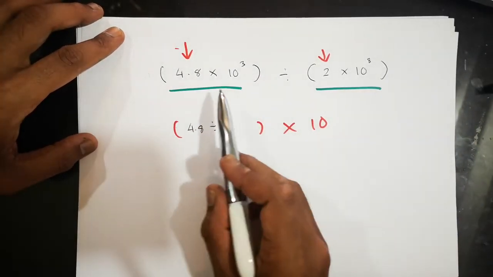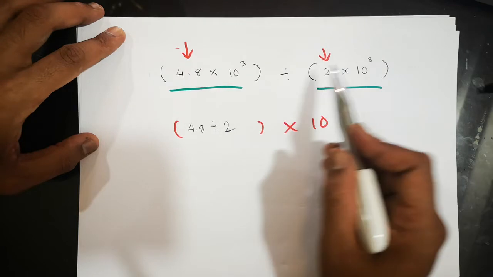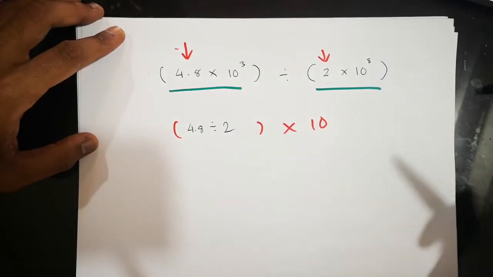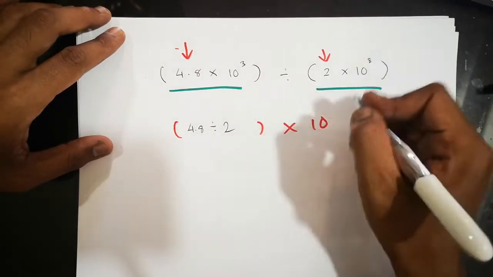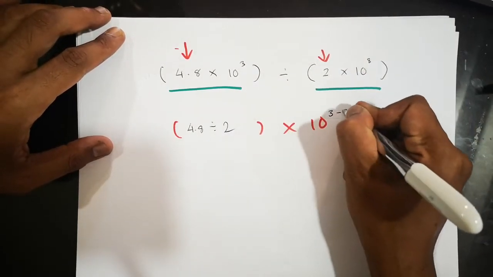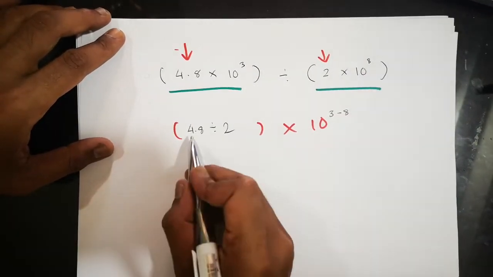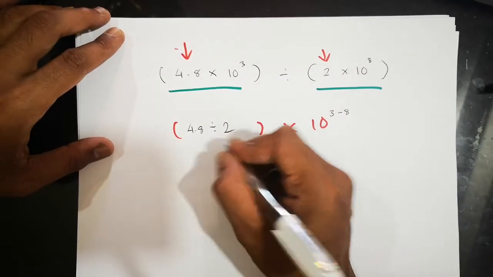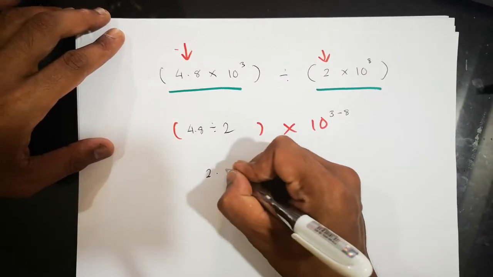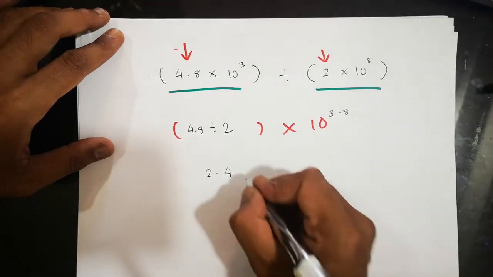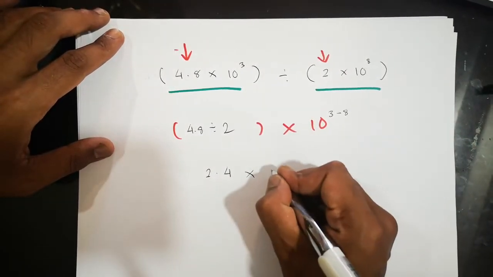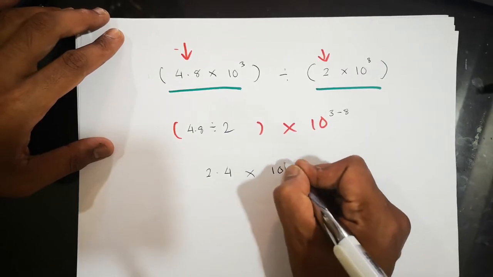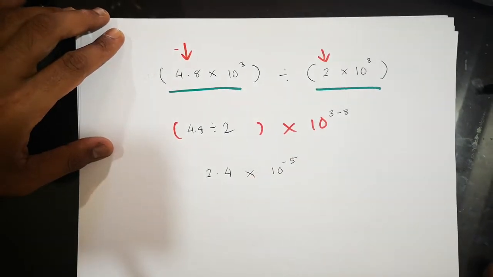Then instead of adding the powers together, you need to subtract the power. So it's 3 minus 8. So 4.8 divided by 2, I will get 2.4 multiplied by 10. 3 minus 8, I will get 10 to the power of negative 5.